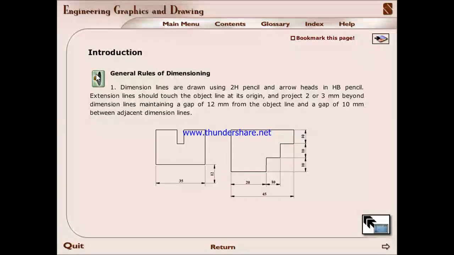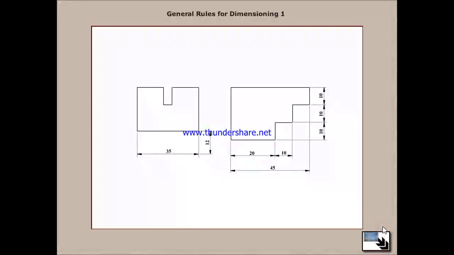Extension lines should touch the object line as it originates and project 2 or 3 millimeters beyond dimension lines, maintaining a gap of 12 millimeters from the object line and a gap of 10 millimeters between adjacent dimension lines. This is an example of the first general rule of dimensioning methods.